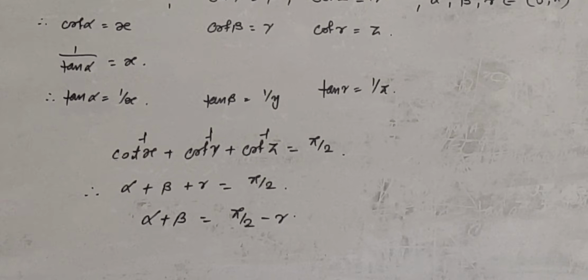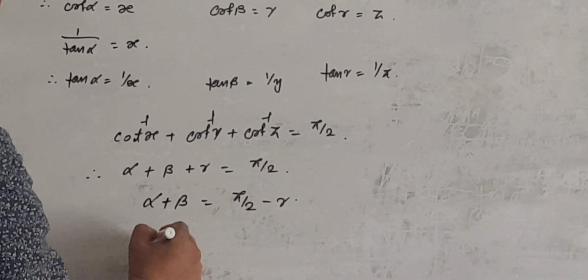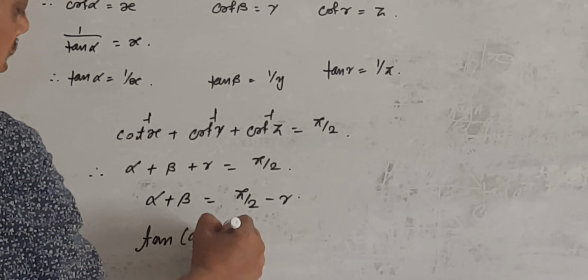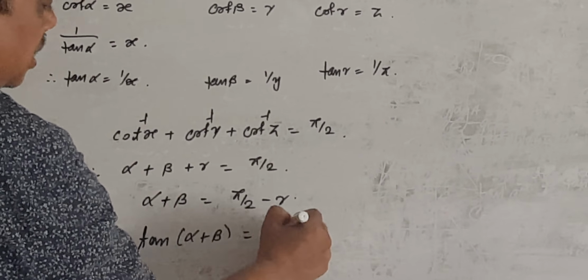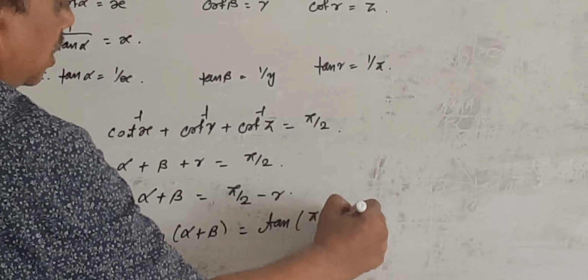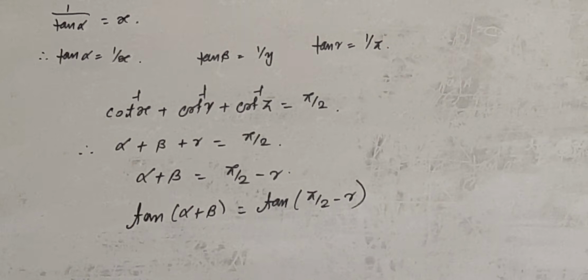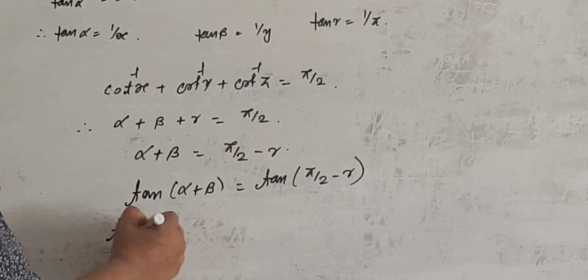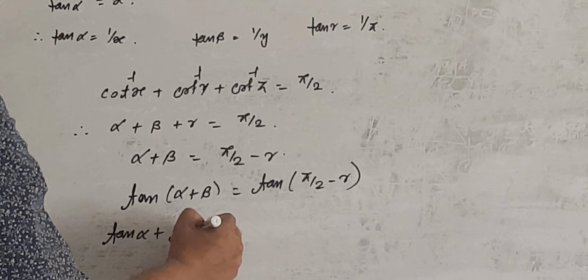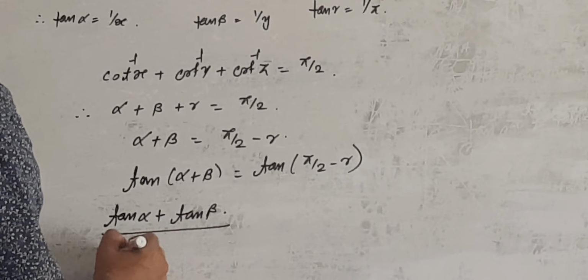We take tan on both sides, and we apply the rule. Tan of alpha plus beta is tan alpha plus tan beta upon 1 minus tan alpha tan beta.